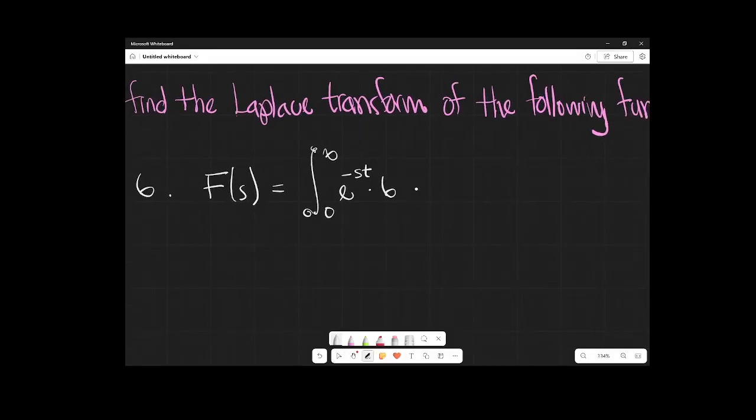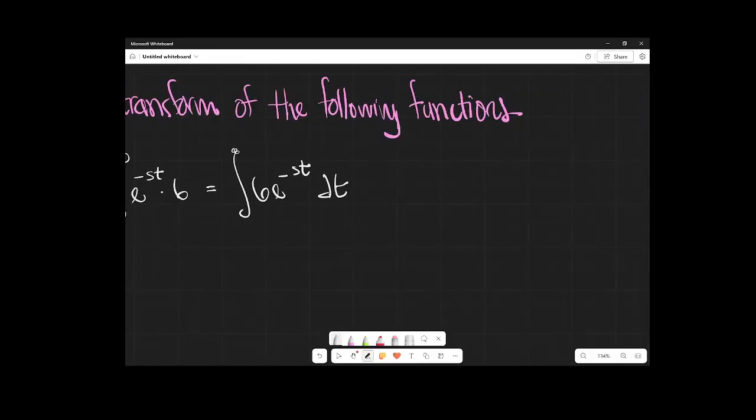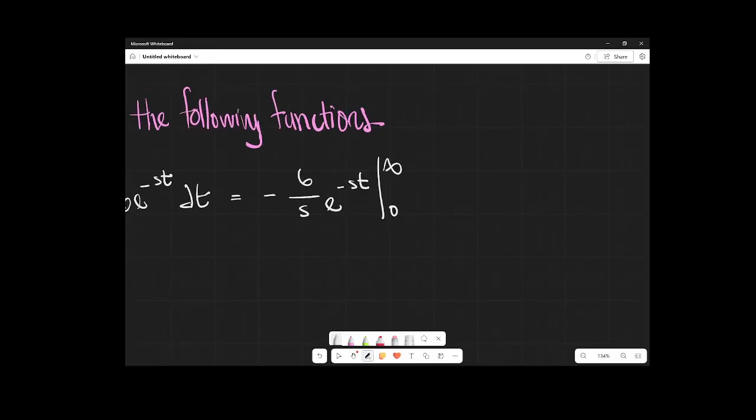Rewriting this, we can see that, and integrating, we end up getting negative 6 divided by s e to the negative st. And this is evaluated from 0 to infinity.